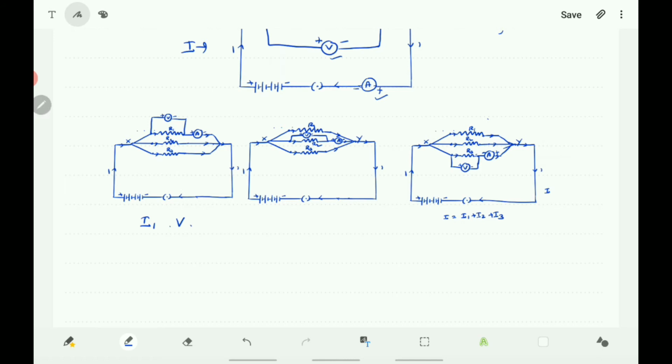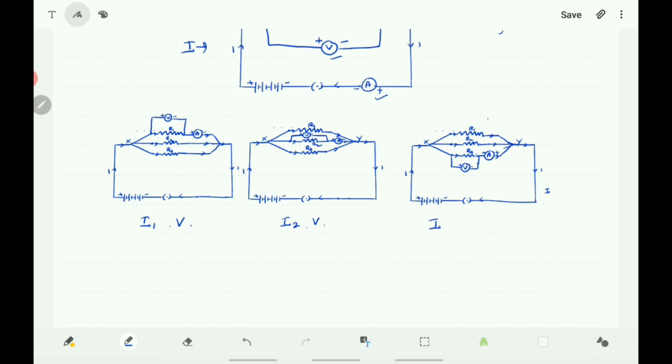In the next case, the voltmeter is connected across the ends of R2, and the ammeter is connected with R2 in series. So the current is I2 and the potential difference is V. And in the third case, with R3, the voltmeter is across the ends of R3 and the ammeter is in series with R3.